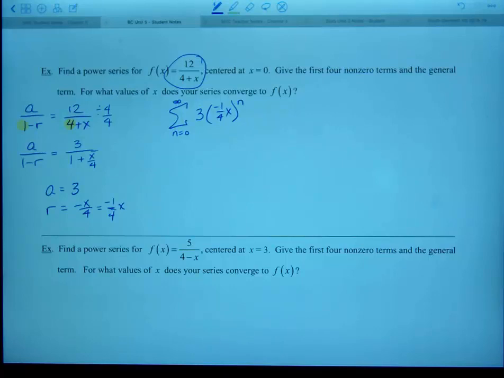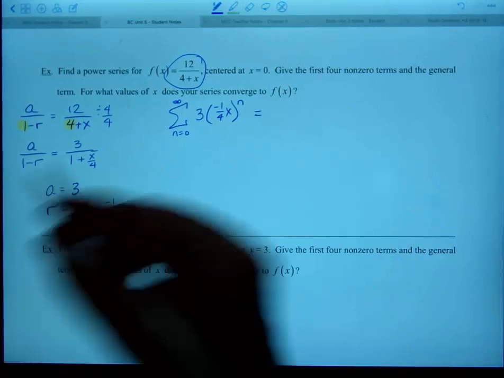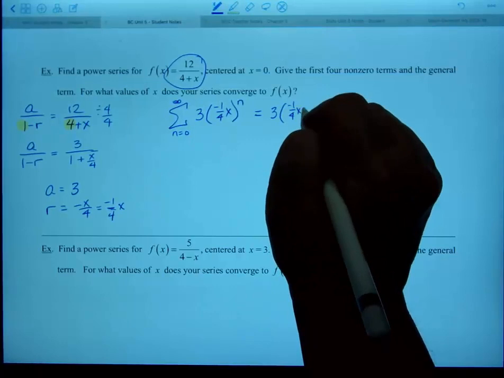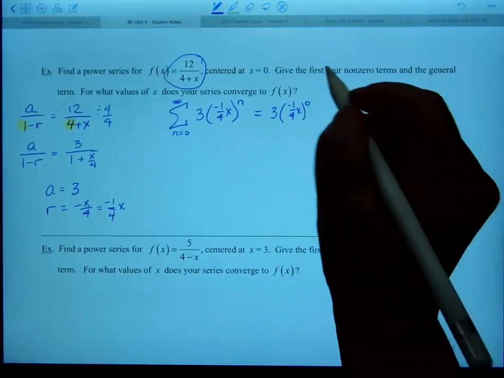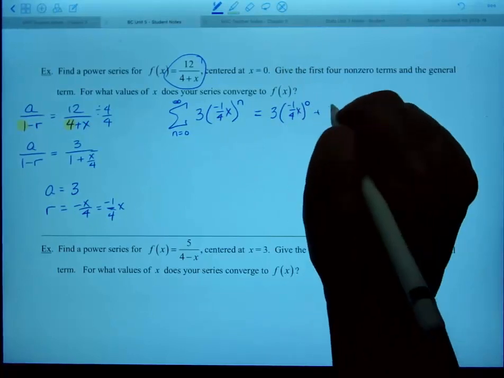Okay, so now, time to write out the series. So it's 3 negative 1/4 X to the 0. Now, if you know what that cleans up to be, you don't have to write all that excess stuff down. I like to write it because it shows you the pattern.